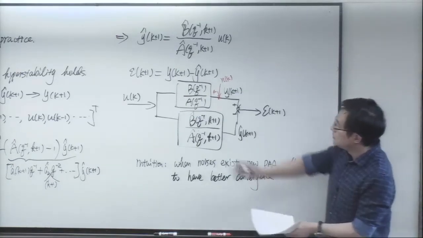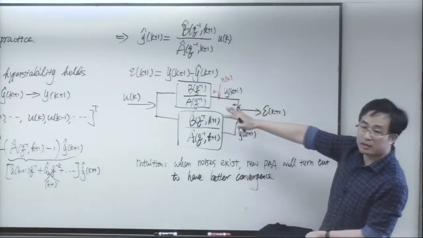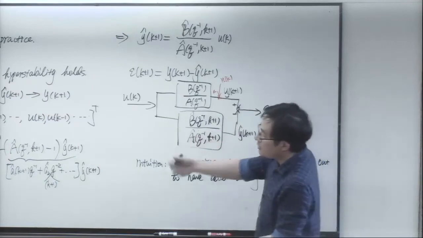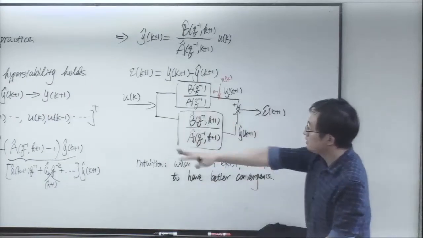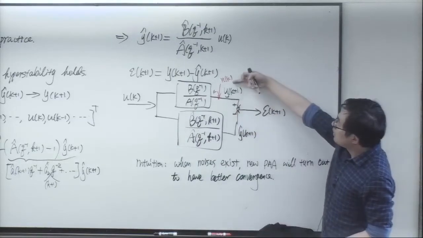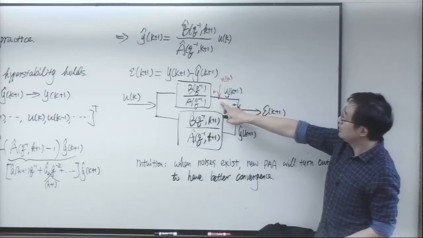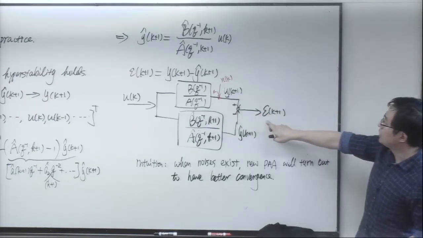Now, the way that these block diagrams are constructed gives us some ways to name them, to tell the two versions apart. In this block diagram, the noise goes straight at the output side, and then as an arrow goes into epsilon k plus 1.